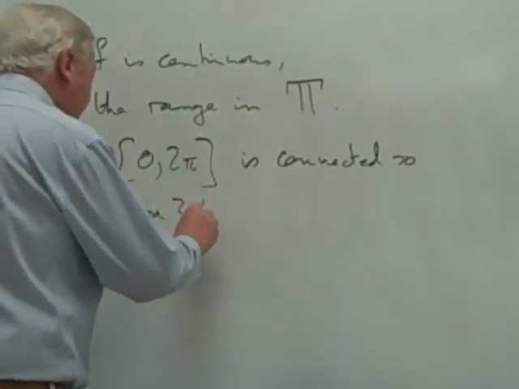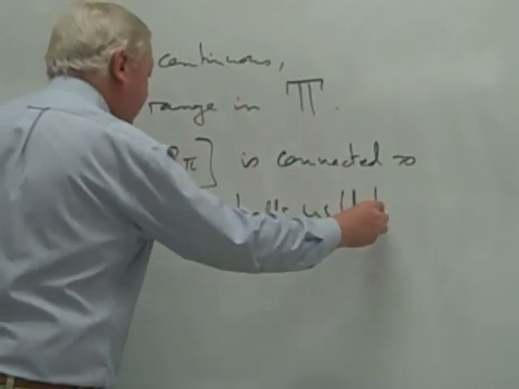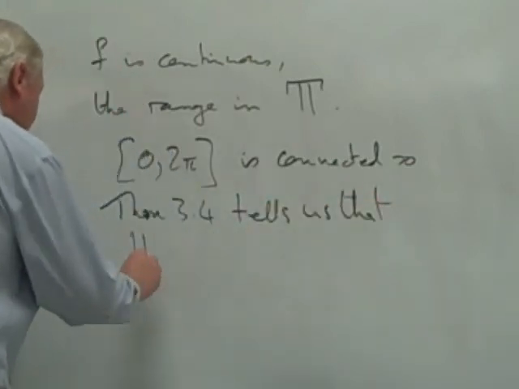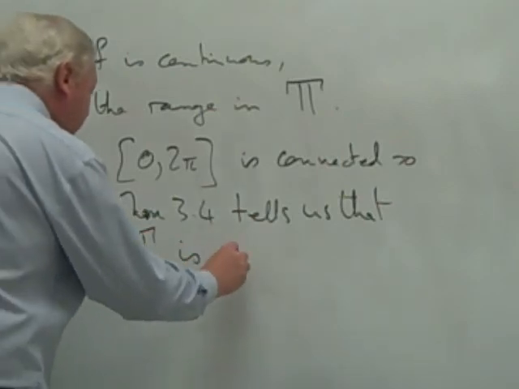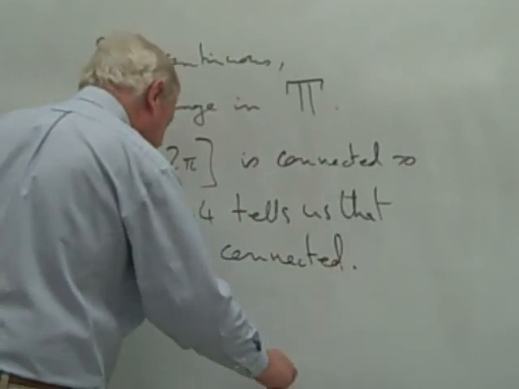So Theorem 3.4 tells us that the circle is connected.